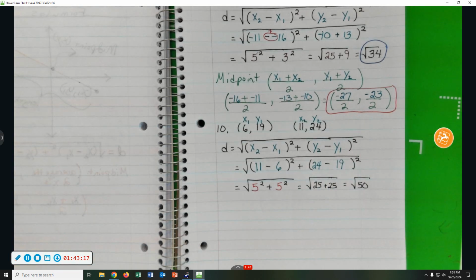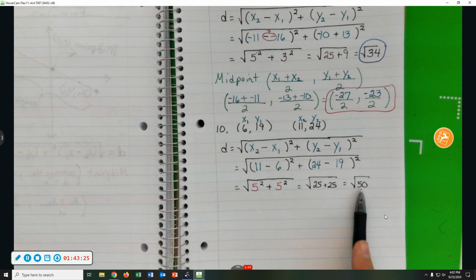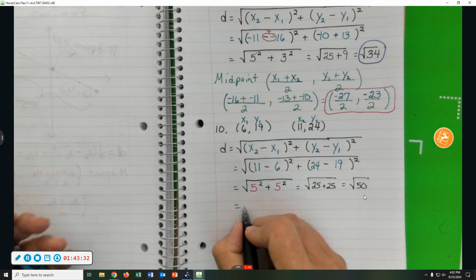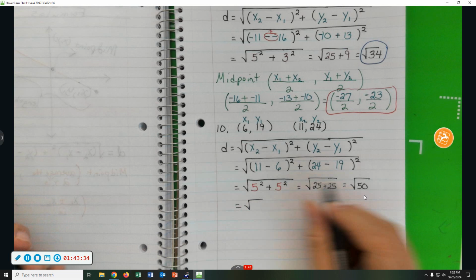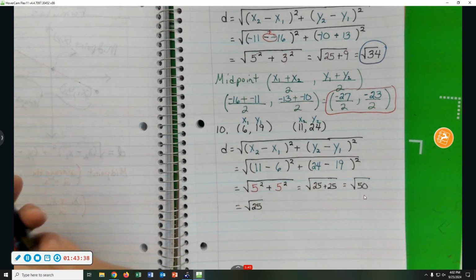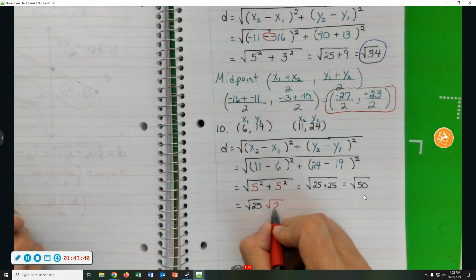Am I going to type in square root of 50 as an answer? No. Why? Yeah, what perfect square divides evenly into 50? 25, yeah, you're right. So I'm going to think of the square root of 50 as square root of 25 times the square root of 2.